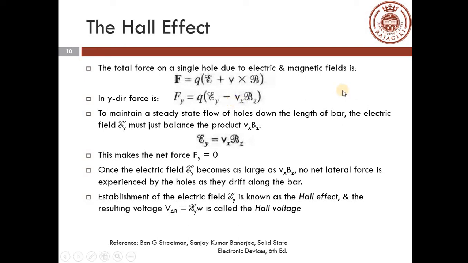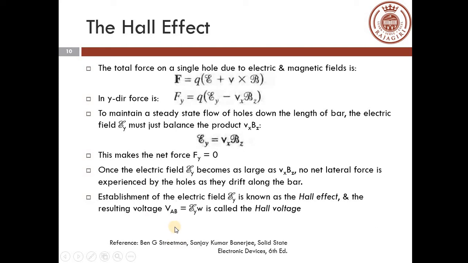So the net force in y direction Fy is equal to Q into epsilon y minus Vx into Bz. When this epsilon y just balances Vx into Bz, the net force along the y direction becomes equal to 0. So there is no lateral force experienced by the holes as they drift along the bar.